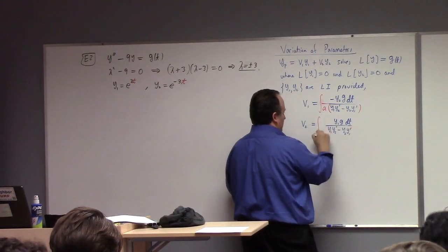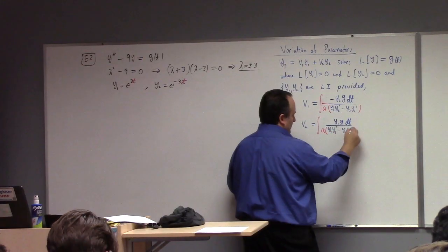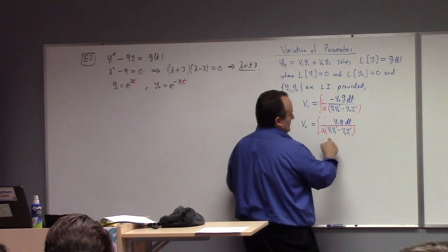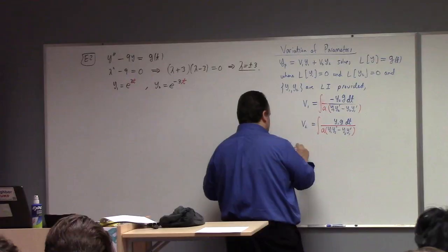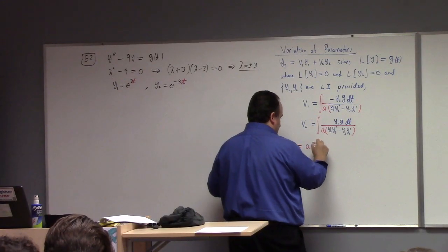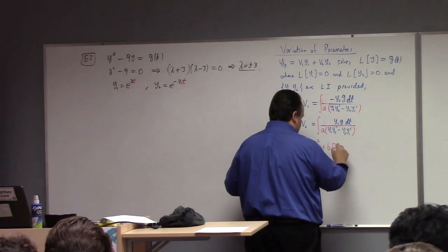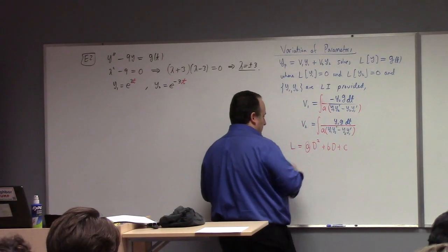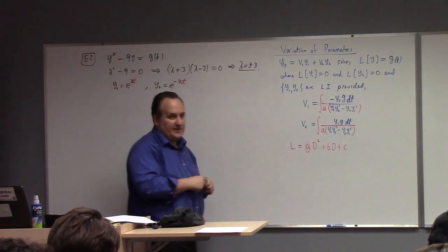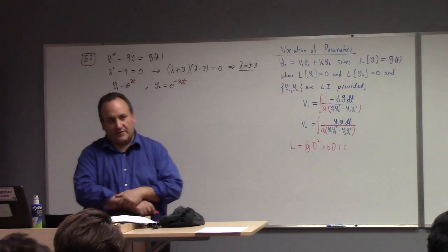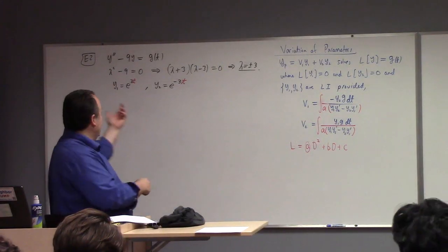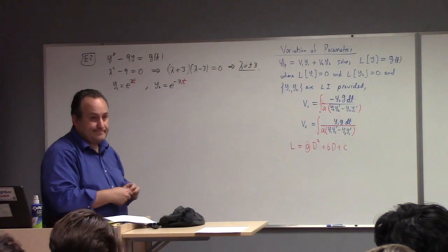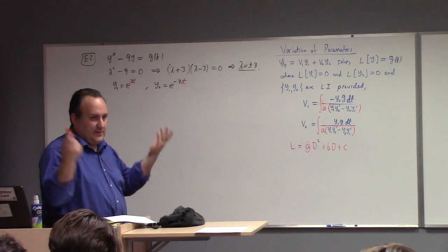I forget about that because I usually make it so that L is equal to A d squared plus B d plus C in this context. So this is the leading coefficient of the operator that defines this second order differential equation. But for us, A is just 1, right?